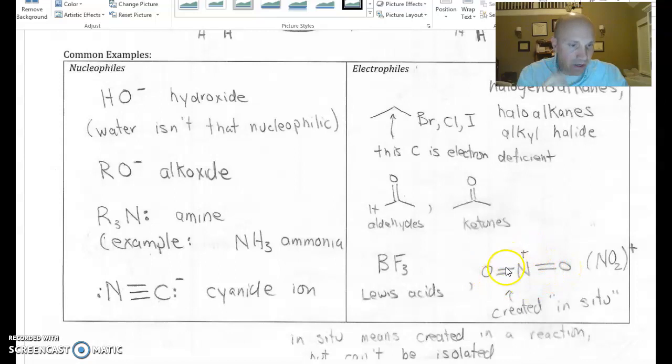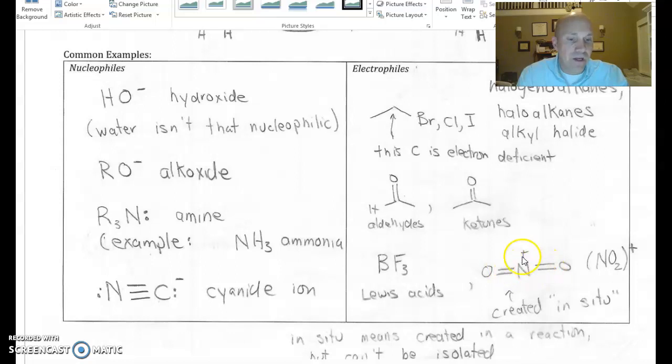So for example, obviously you can take a look at this and see that it's got a positive charge. You might think, well, this could act like a positive ion, and we should be able to have nitronium chloride or nitronium bromide. This would not be stable as the cation of an ionic compound.